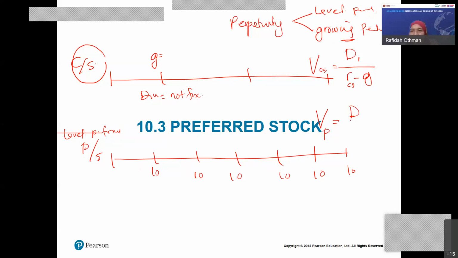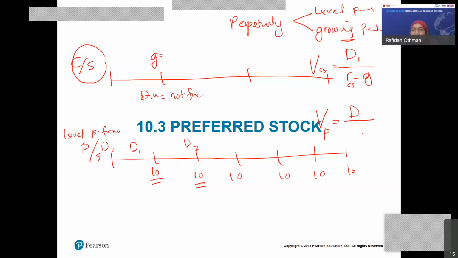Since the dividends D1, D2 are fixed, regardless of what, we still write it as a dividend. There is no D1, D2, D3 or whatsoever, because the dividend is the same.